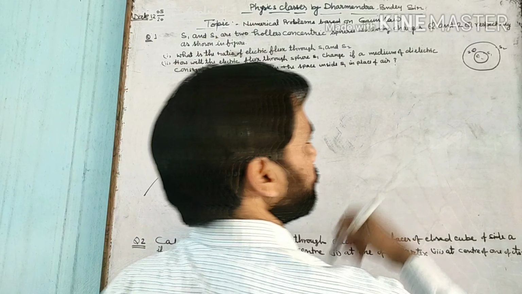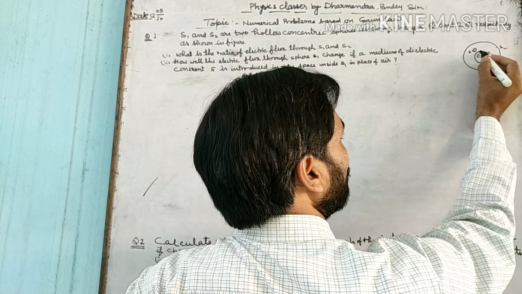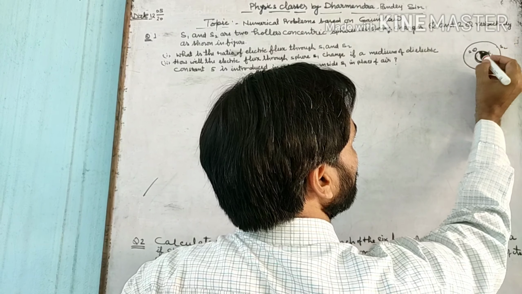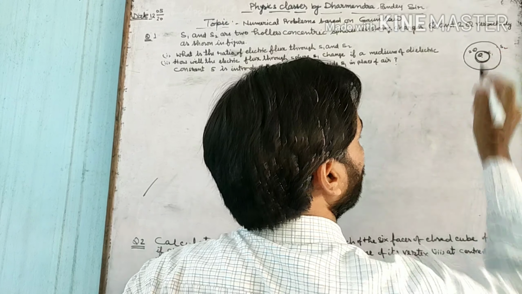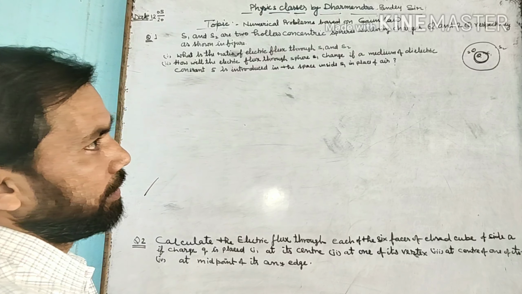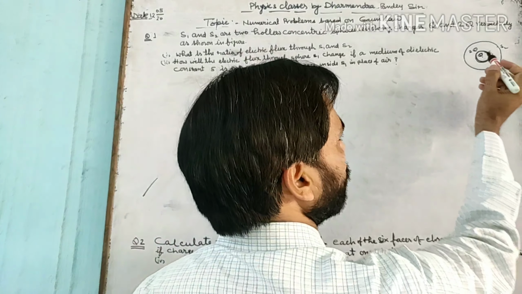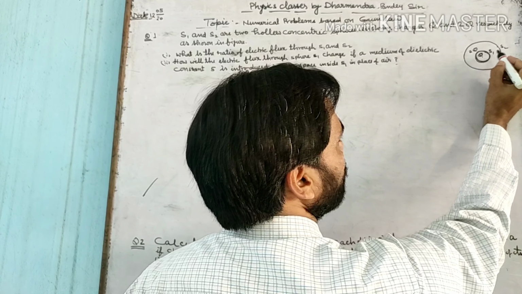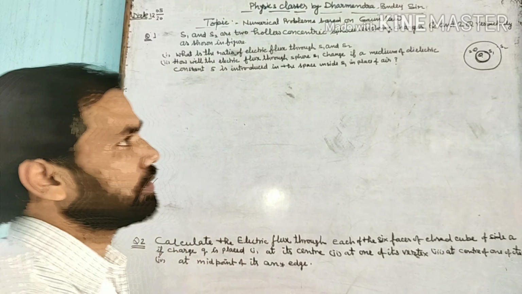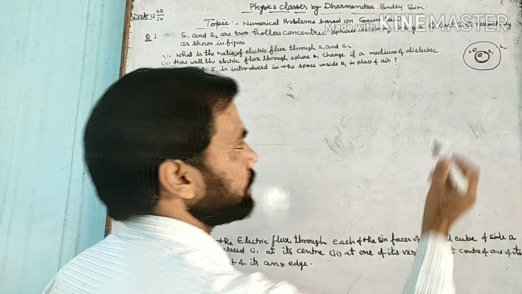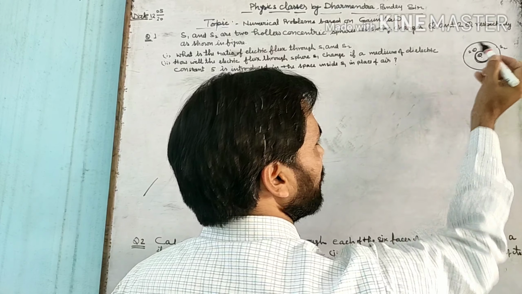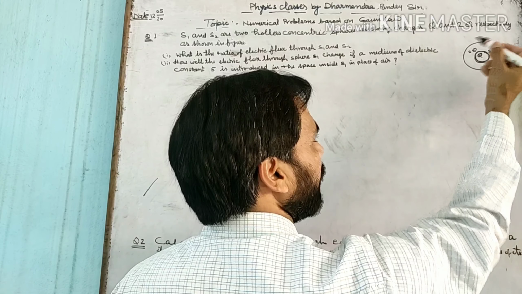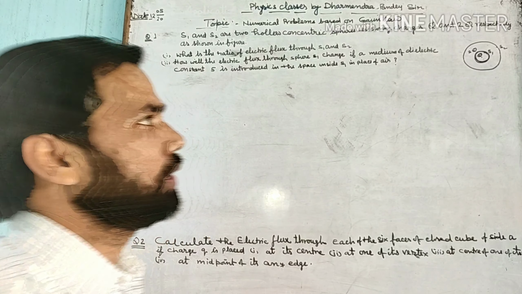So look at this figure. Here we drew it very small because of lack of space. Both spheres are concentric, meaning having a common center, and the smaller sphere is S1 and the bigger sphere is S2. Charge Q is inside the sphere S1 and 2Q charge is outside S1 and inside S2.